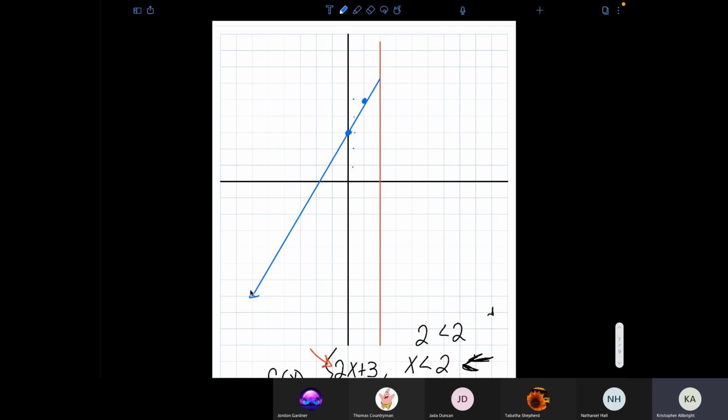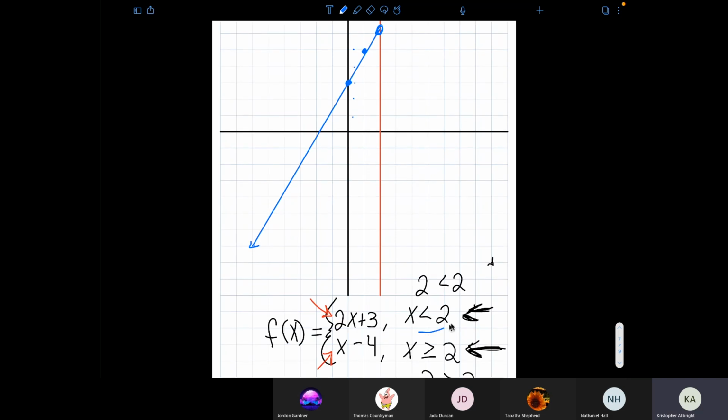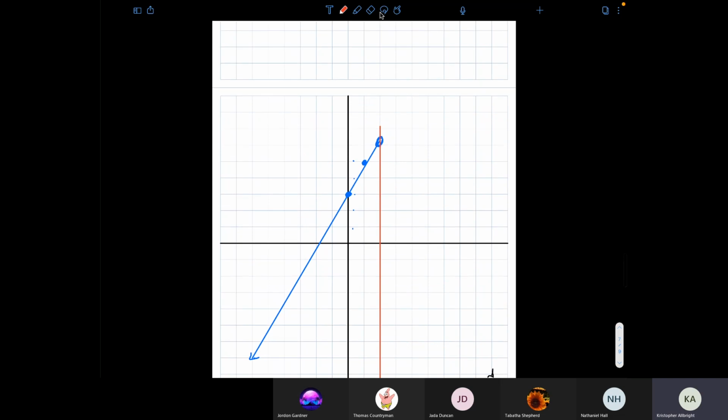I know my line's not perfect. We're going to have an open circle here because we are not using a greater than or equal to sign. So now we've got that, so we can erase this. Actually, I'll keep it there just for one more second. So it still divides our problem in half.